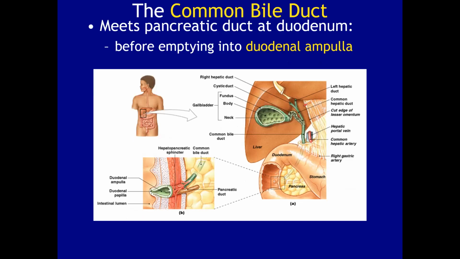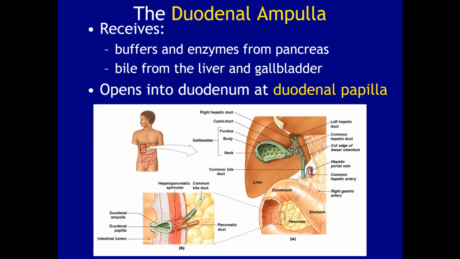The common bile duct, this structure right here, will meet the pancreatic duct, as you can see right here, before emptying into the small intestine at the duodenal end. So this ampulla receives substances from the pancreas and substances from the liver and the gallbladder, meaning bile.